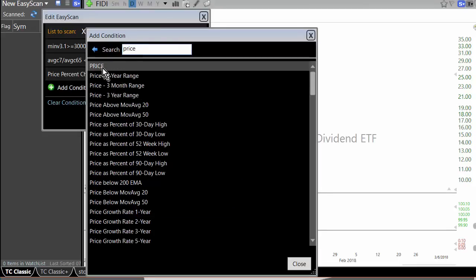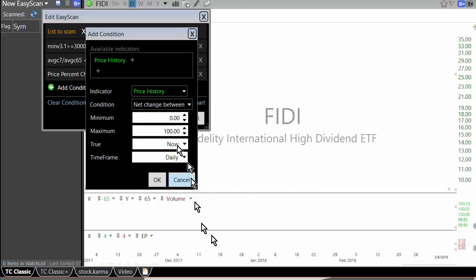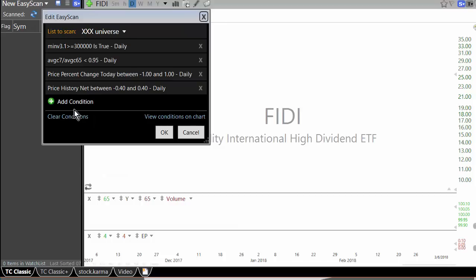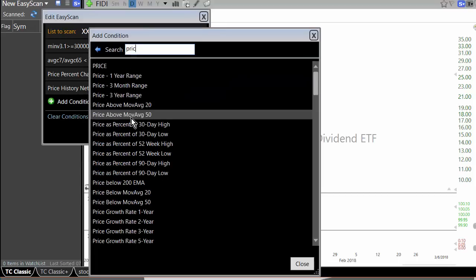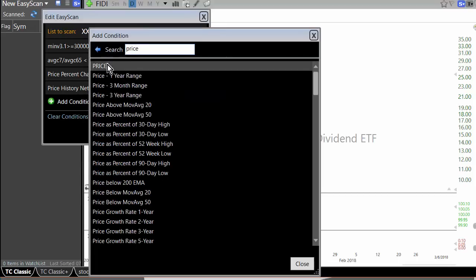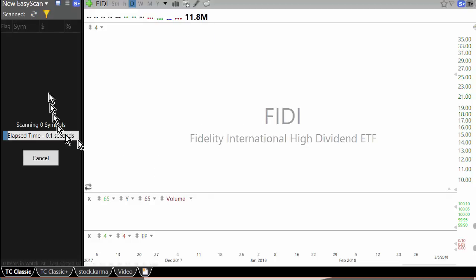So you have price, then what you look for is net change, and net change is between -0.4 and +0.4. Okay, and then you're looking for a price above 15. So price is greater than 15.